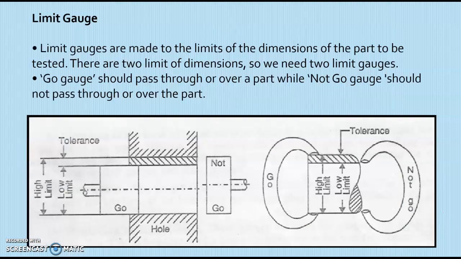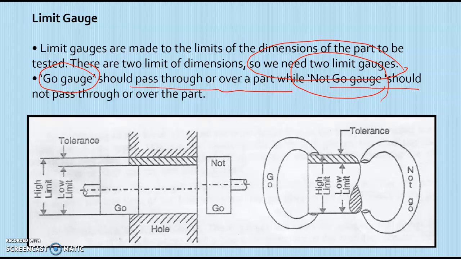So in limit gauges, we need two limit gauges. One set of limit gauge contains two gauges, known as the go gauge and the no go gauge. The go gauge should pass through or over the part, while the no go gauge should not pass through or over the part.